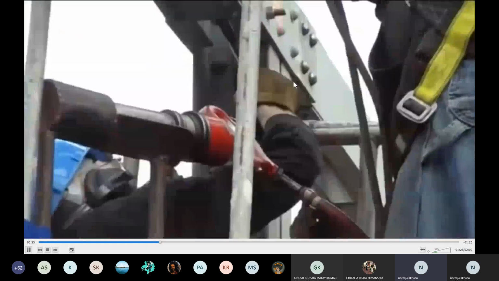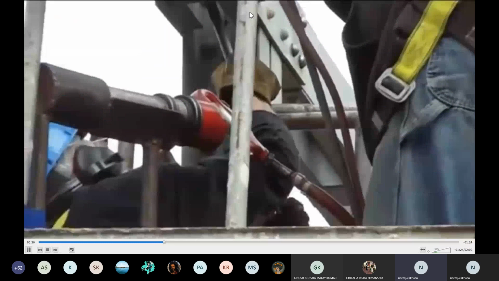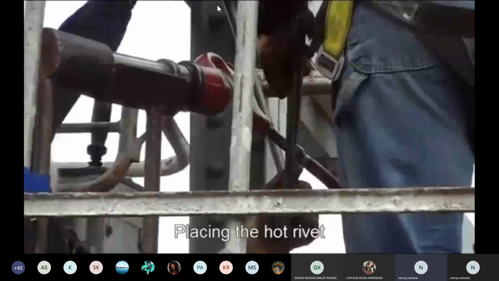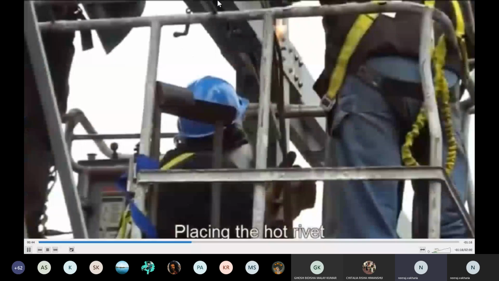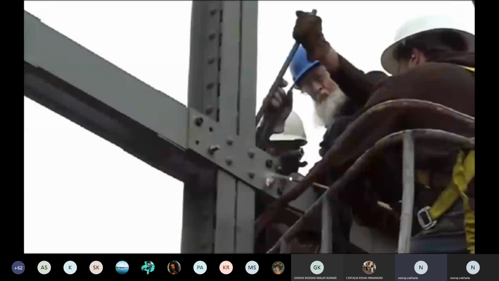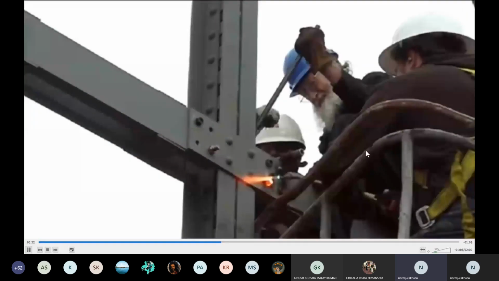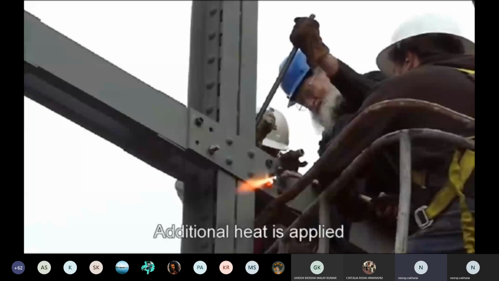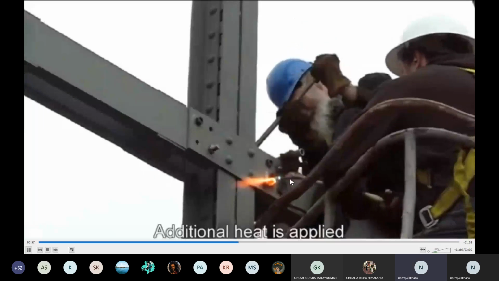They are inserting it inside. They are still giving the heat to it so that it doesn't get cooled off. Constant heat is required, so again safety concerns are there. From the hole, they've inserted this rivet.